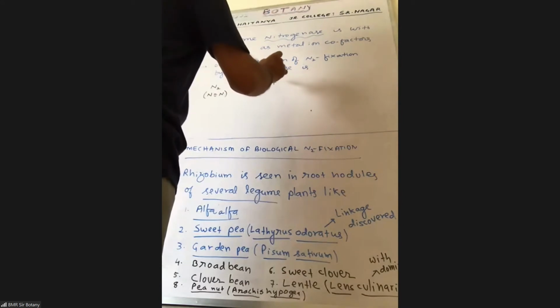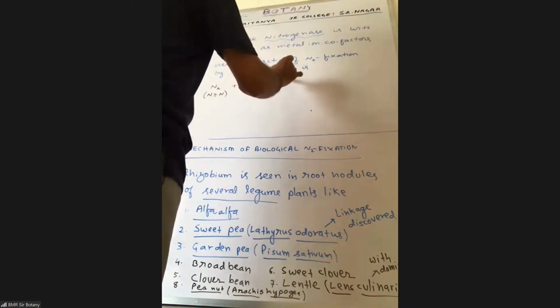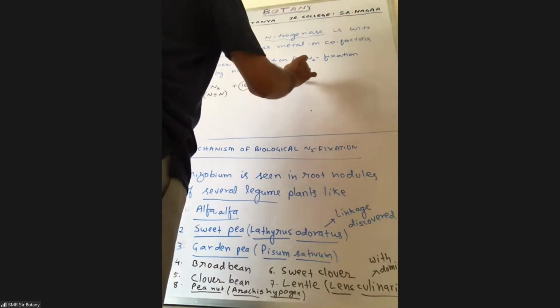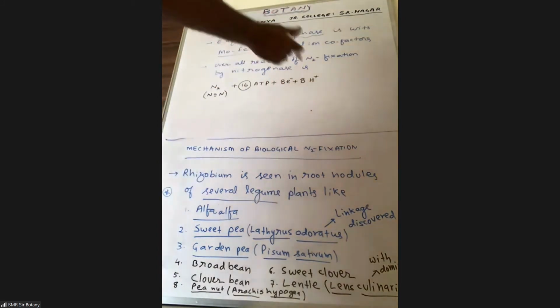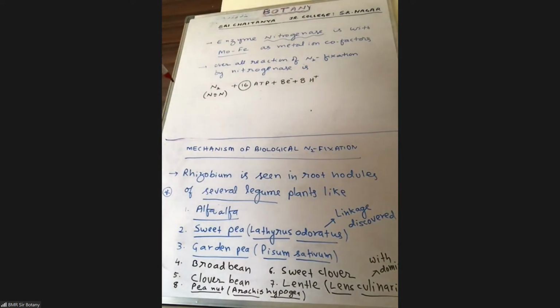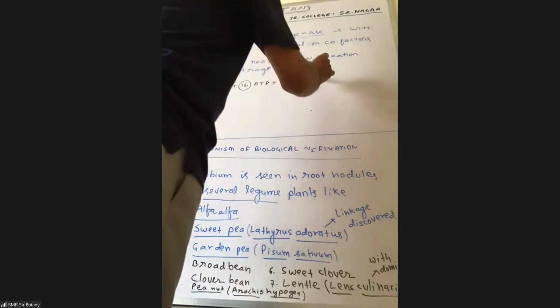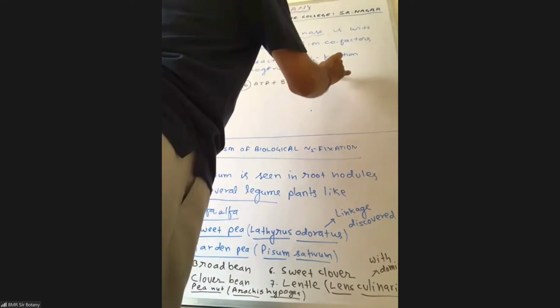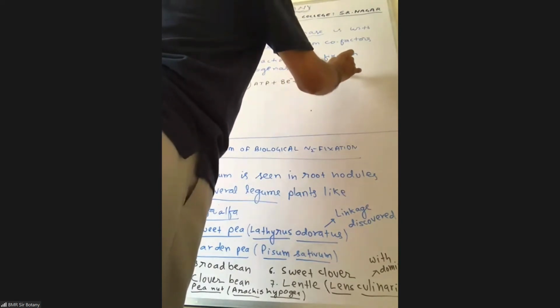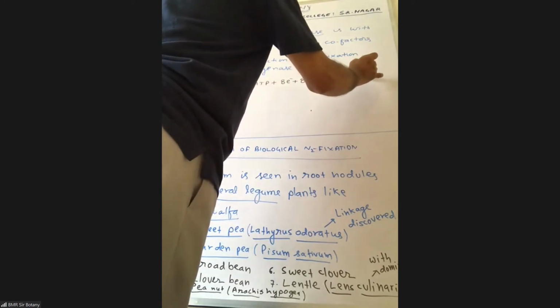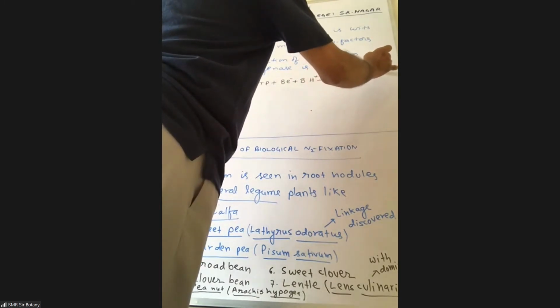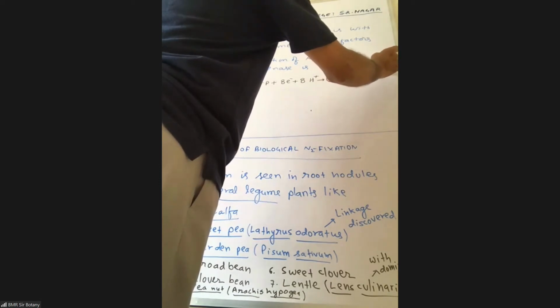Then during this time, it is added with 8 electrons, 8 protons, literally 8 hydrogens are added that are from NADPH, Nana, to give rise to 2 molecules of ammonia, then hydrogen, then 16 ADPs.